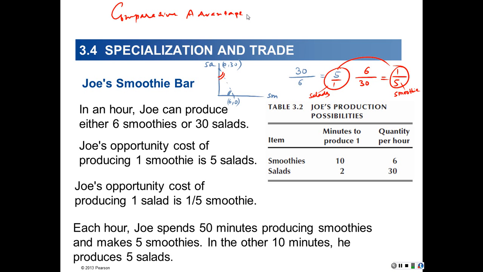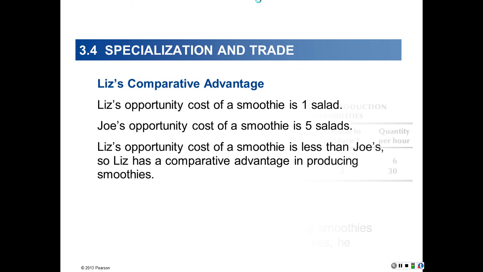Correct? So how do you define comparative advantage again? The party with the lower opportunity cost has a comparative advantage in that particular good. Right? It says here, Liz's opportunity cost of a smoothie. How many salads does she give up to make a smoothie? 1, right?